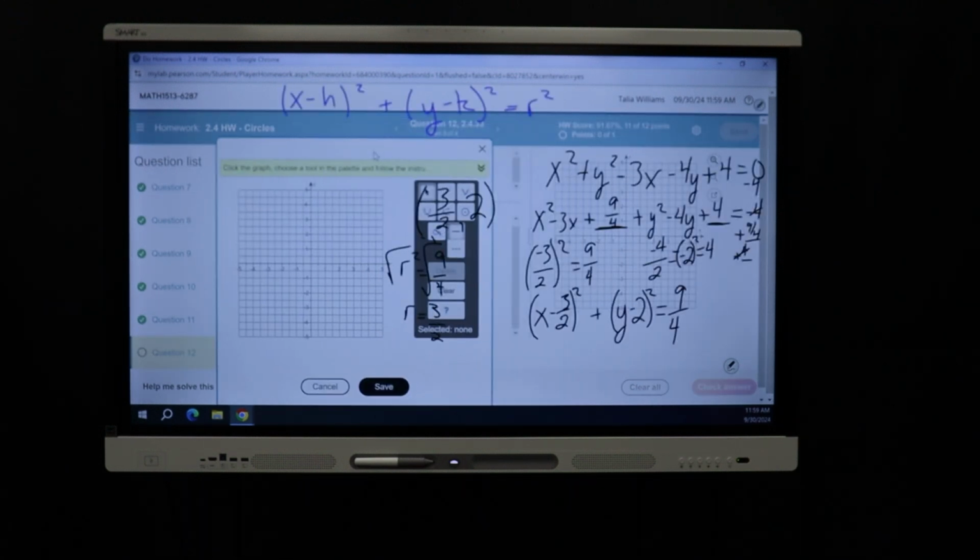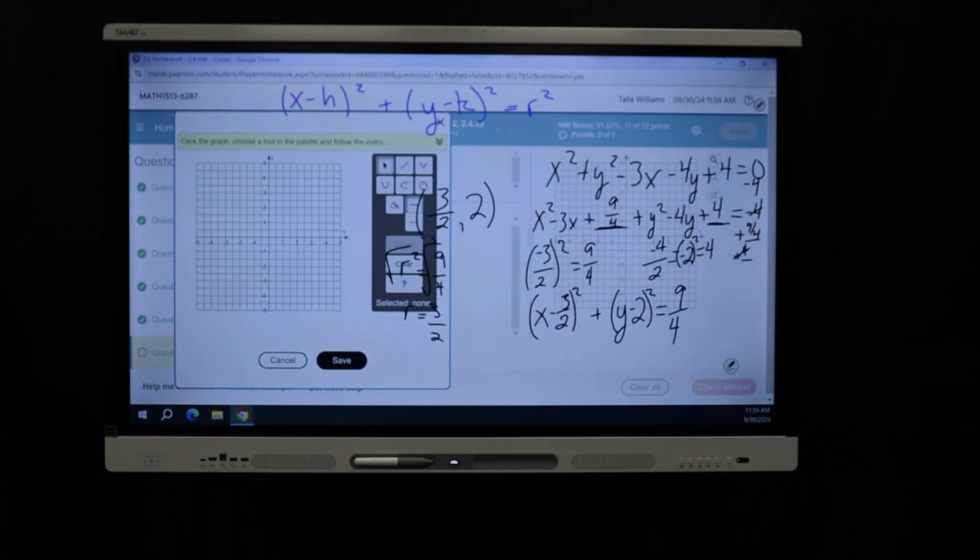This one, when we graph it, we need this, so let's move it right here. And then we need this. So our center is 3/2, 2.